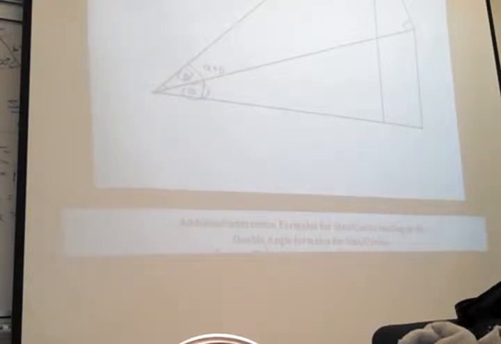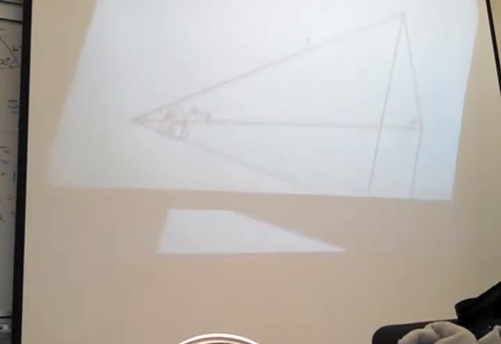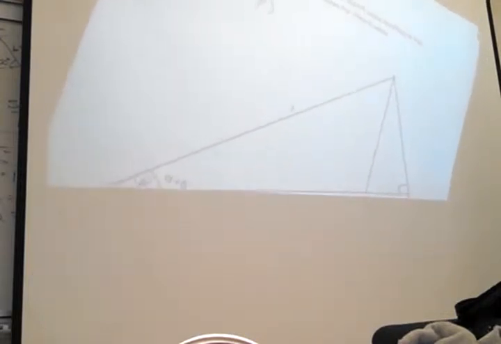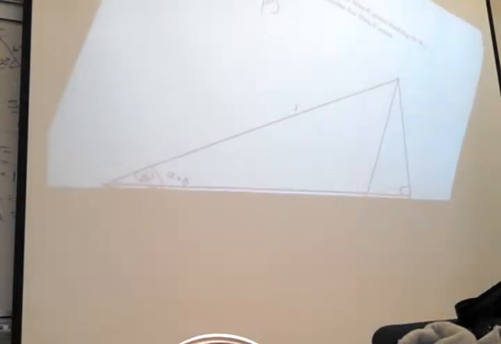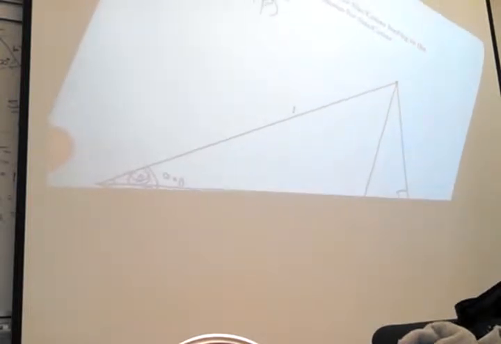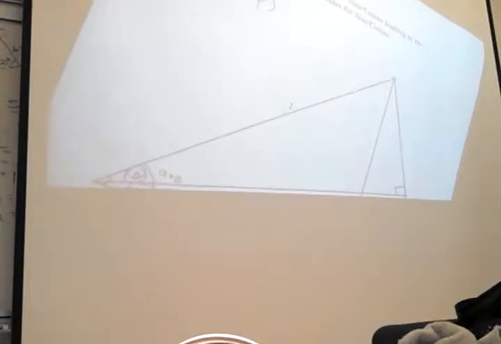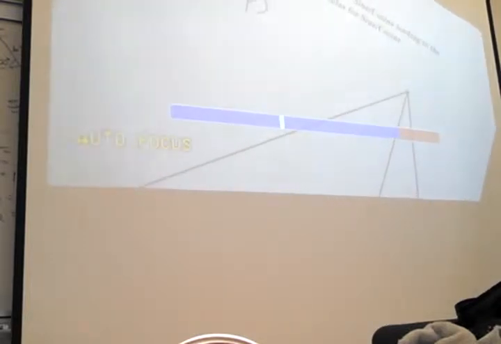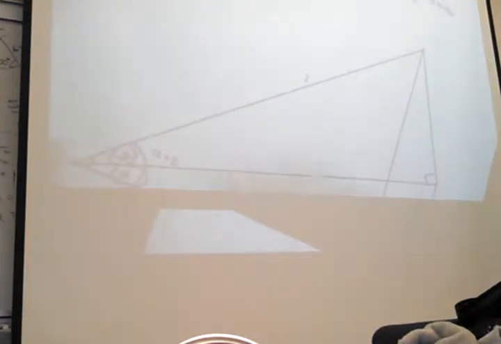Alright, so I just want to see what we can figure out. What is the angle involved? Let me pull it down here. It might be easier to look at. So it's beta we're talking about. That alpha plus beta is all together. Can anybody tell me how long this is?